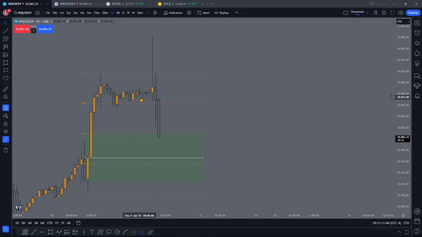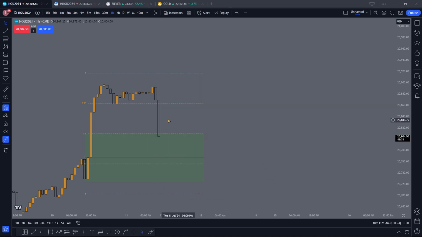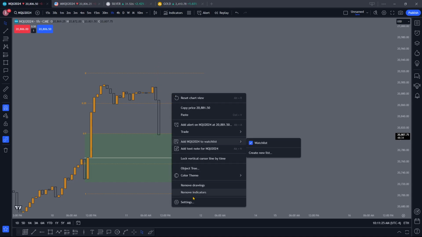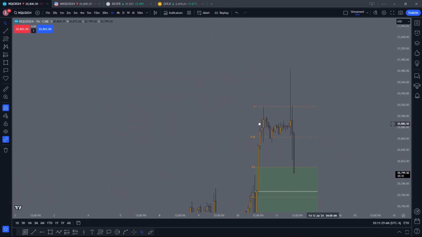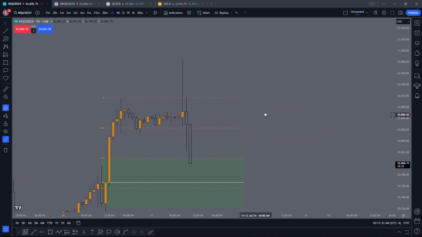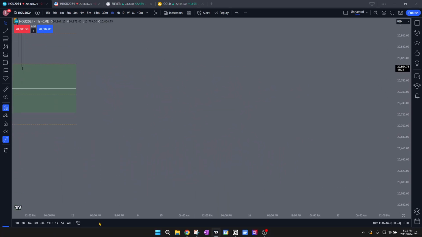Us accumulating here is confirmed accumulation. This big wick higher, if you took it out of the equation, this is just accumulation. This move higher here on the wick was fake manipulation because there is no key level to go off of. So there's two types of AMD.